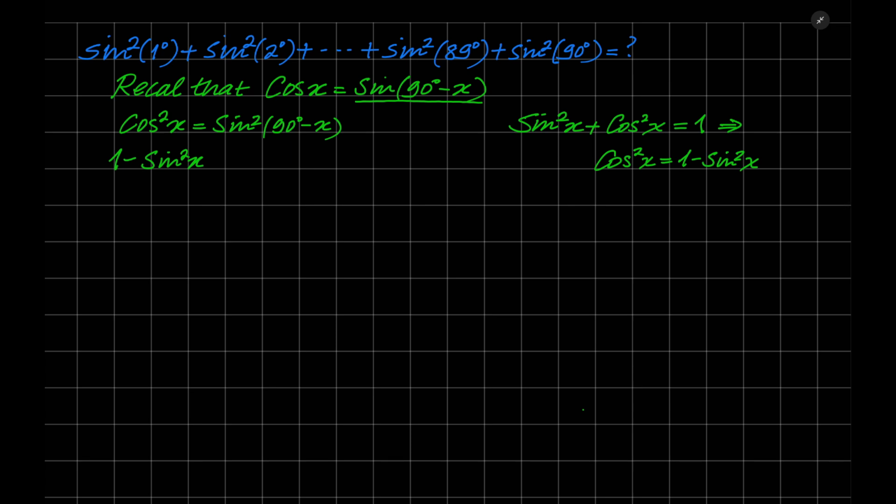Then 1 minus sine square x is equal to sine square 90 minus x.